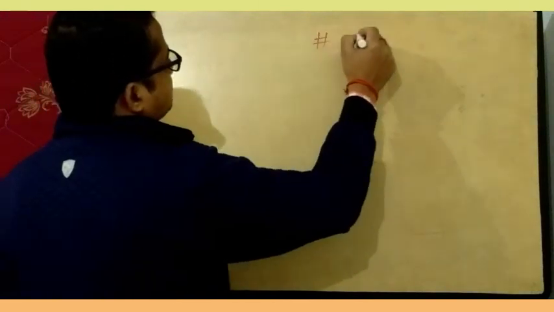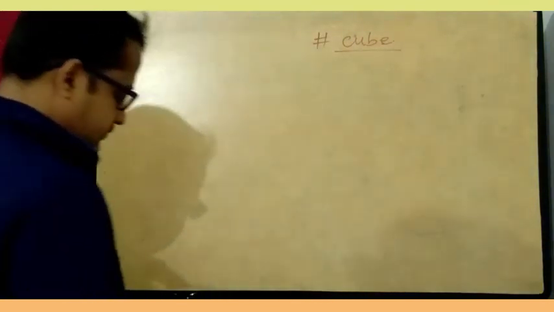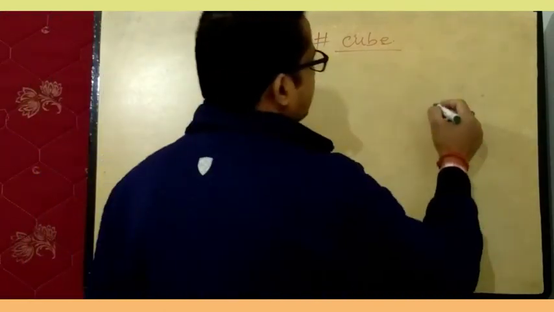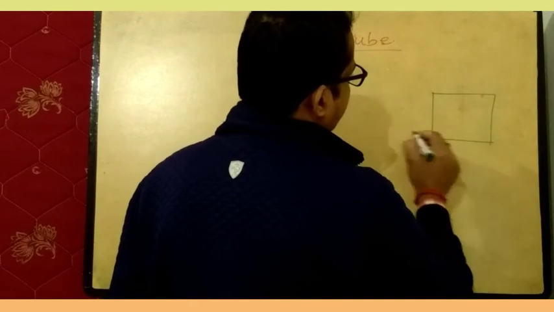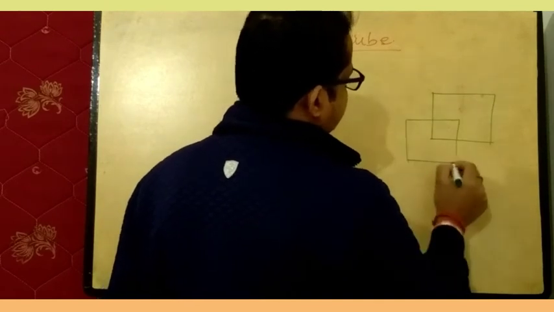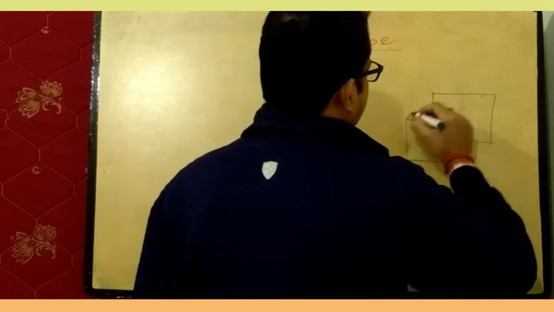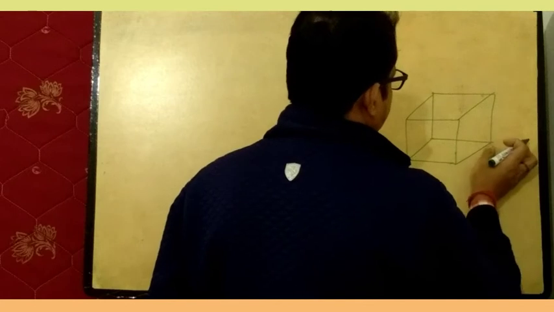Next topic is cube. A cube is also a three-dimensional object having length, breadth as well as height.